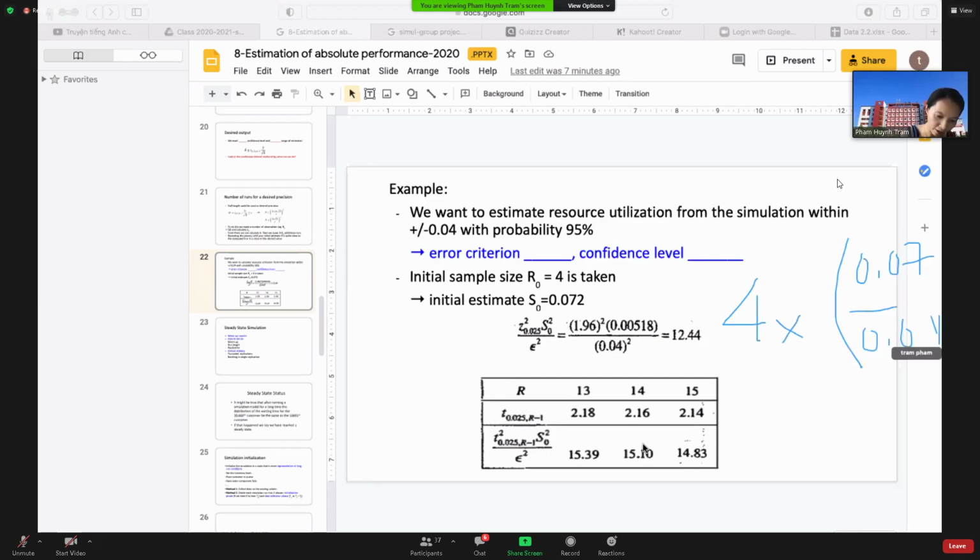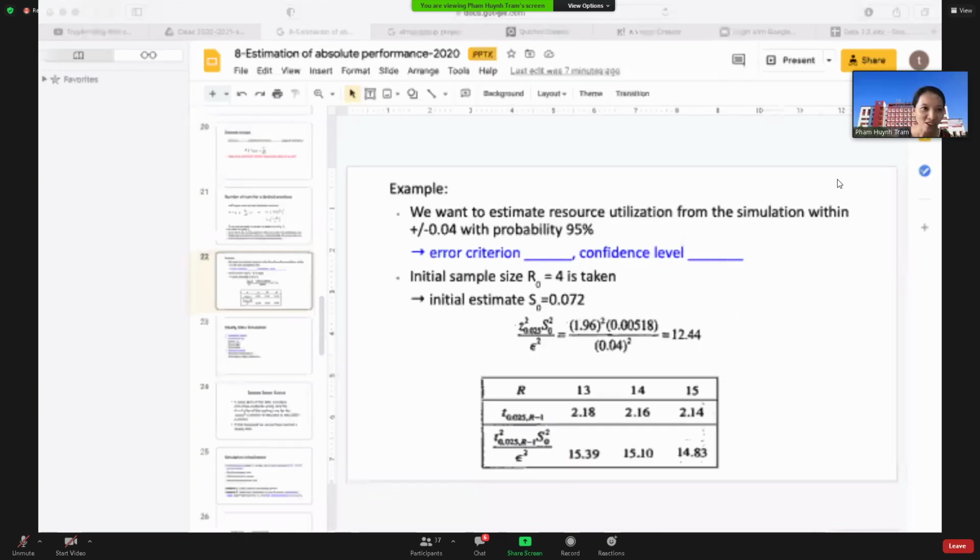I hope that you already figured it out by this time. Okay, sorry class. So we will get around 12.44. You get it? The new number of replication would be 12.44. Does everyone get this number?